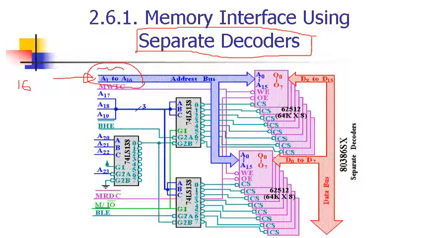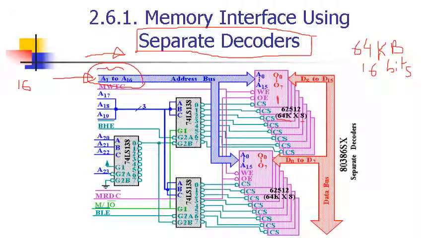Because each chip is composed of 64K bytes. 64K bytes requires 16 bits to access each of these memory locations. This is why we are sending 16 bits as an address. Okay.